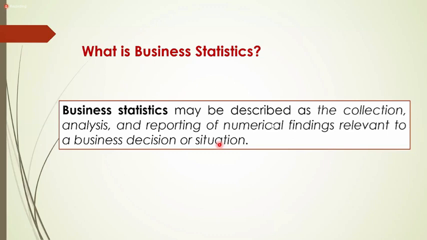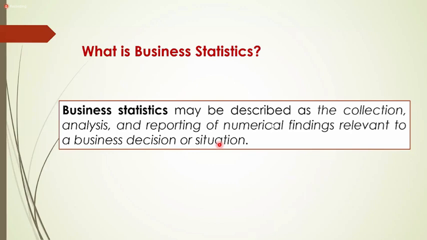If we are using these statistics in the biology stream, then that will be called biostatistics. If we are using these statistics in the business context, then we say that this is business statistics. Anywhere, even in psychology or business or biology, generally we say that it is statistics.